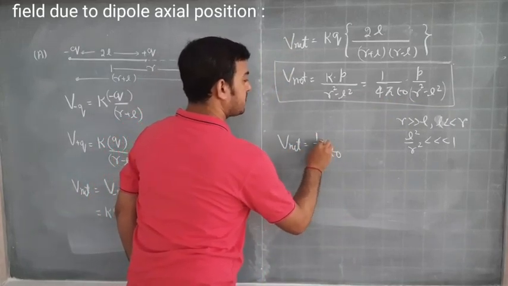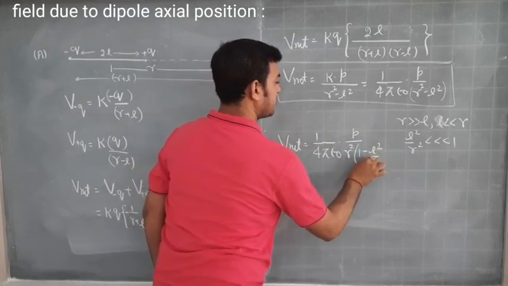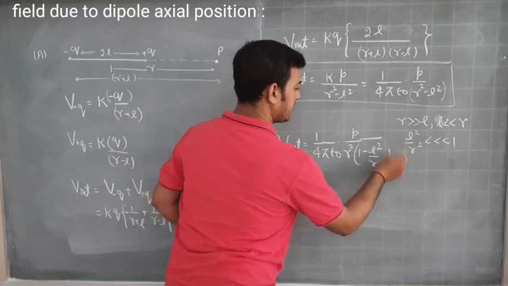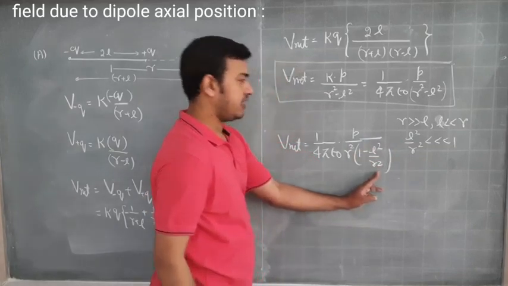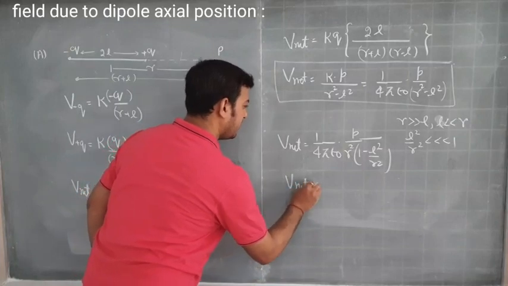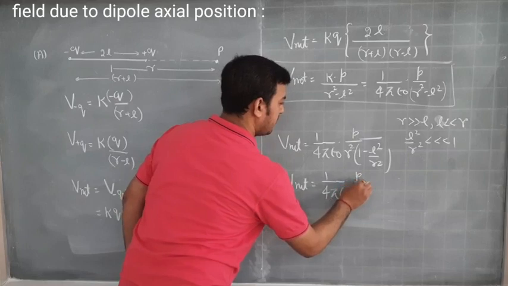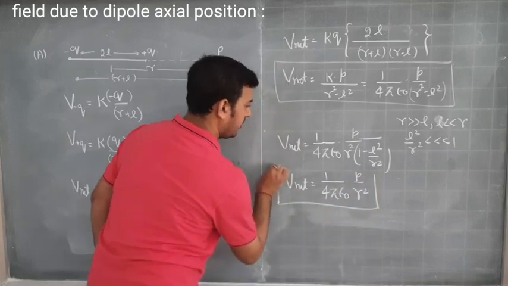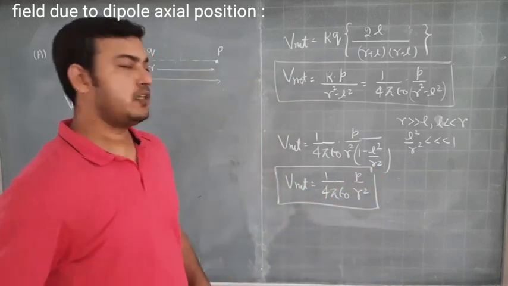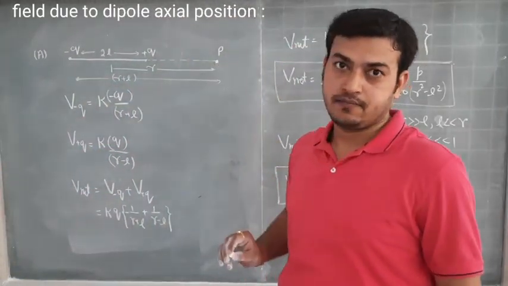V equals 1 by 4 pi epsilon naught p by r square in bracket 1 minus l square by r square. As per this condition, l square by r square can be neglected, so the remaining term will be 1 by 4 pi epsilon naught p by r square. So this is the potential due to the dipole along the axial position.